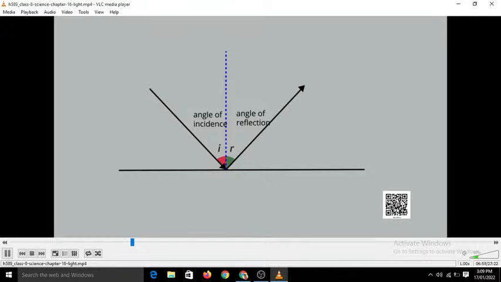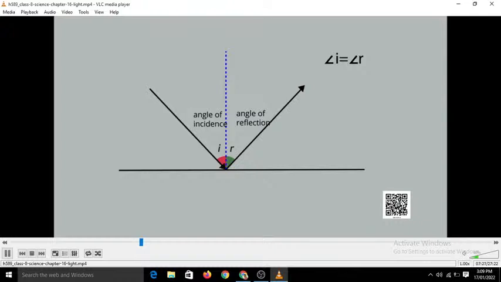That is why when a ray strikes any surface at angle I, it always moves in a direction which has angle of reflection, angle R, equal to angle I. If we change angle I, then the direction of the reflected ray also changes to make angle R equal to angle I.